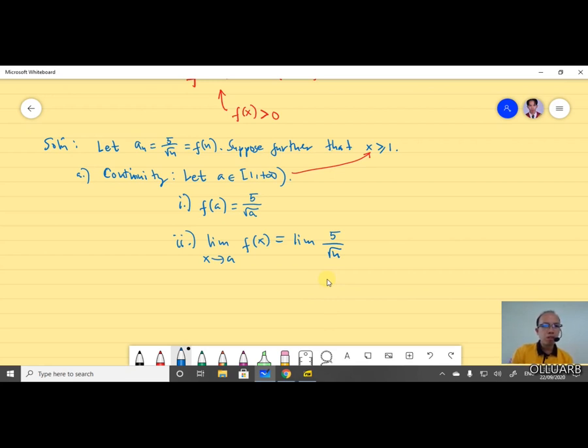So this is the limit as x approaches a, and this is equal to 5 over square root of a.